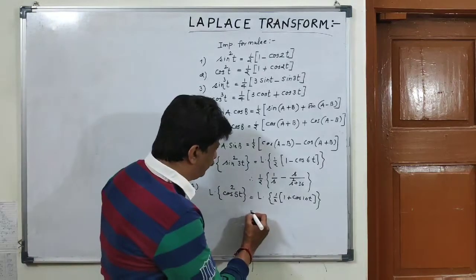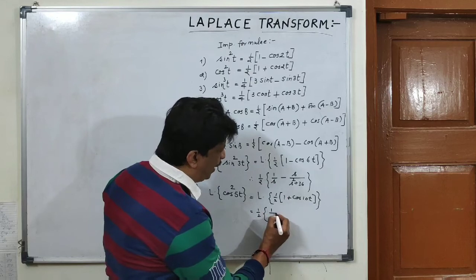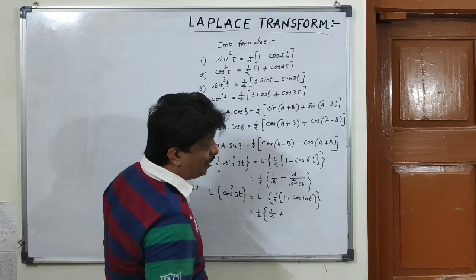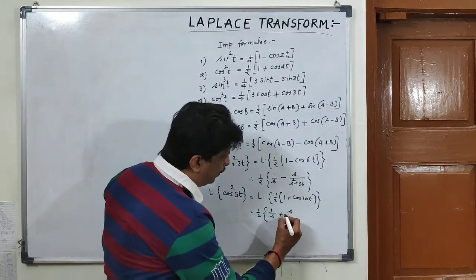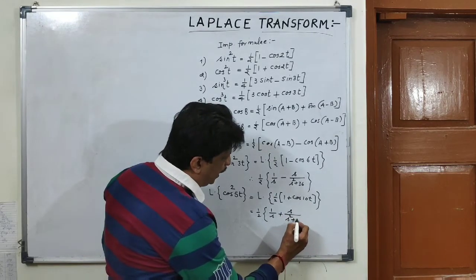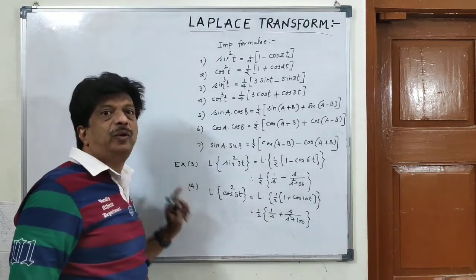That is equal to half of 1 by s plus Laplace transform of cos 10t, which is s upon s square plus a square. A is 10 over here. 10 square is 100.